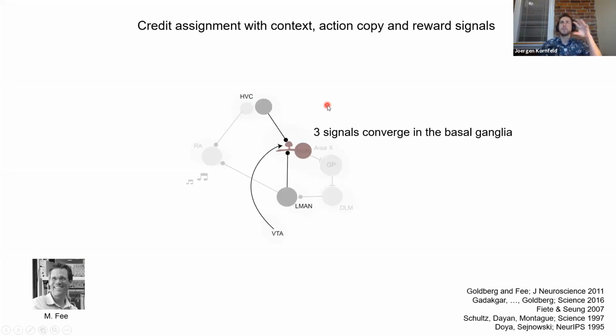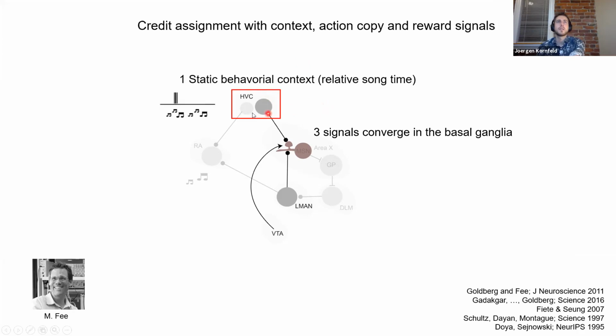When you look for these three signals in the songbird brain, you can find areas that almost perfectly match these descriptions. It turns out that HVC has neurons that fire very statically relative to the behavior, so they can convey the relative song time.